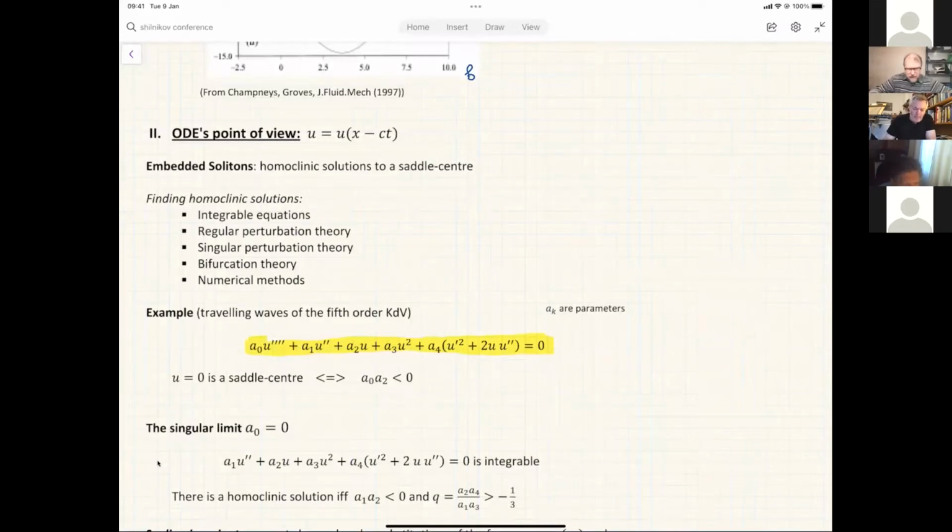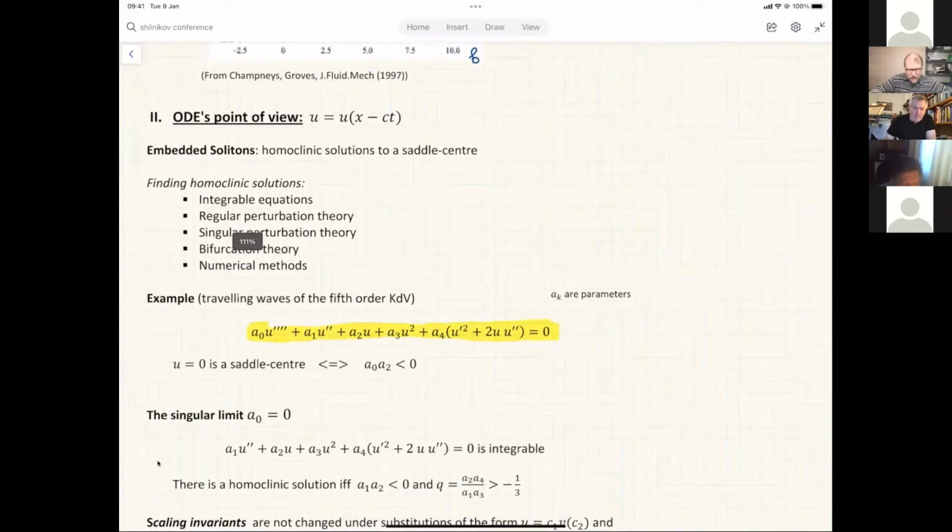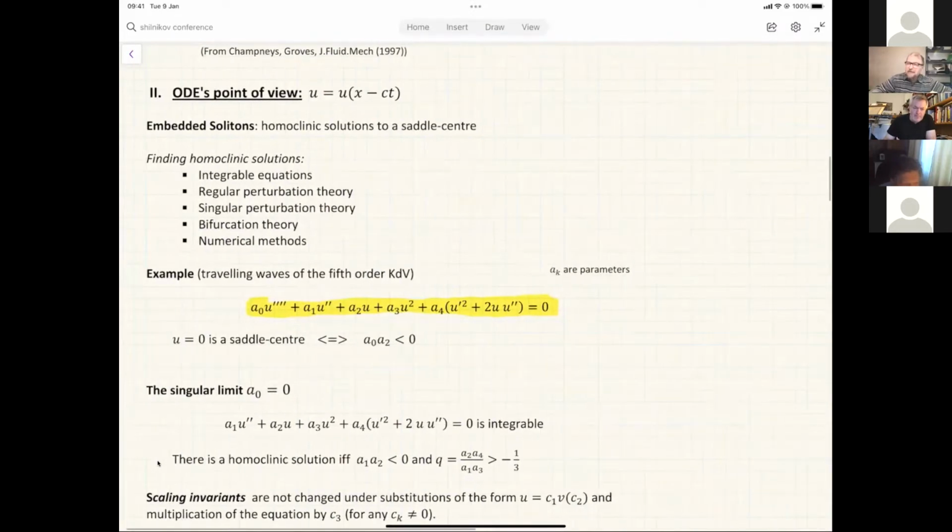And then there is a number q, composed of the coefficients. If it's larger than -1/3, then we see a homoclinic solution. The homoclinic solution cannot be written in elementary functions, so I'm not writing it here. So it's computable in quadratures and inversion of an elementary function.